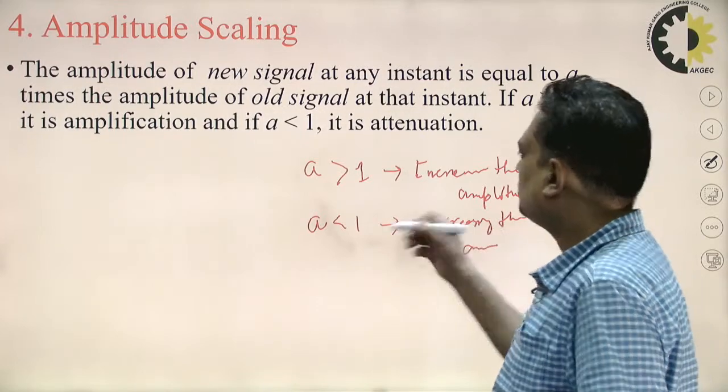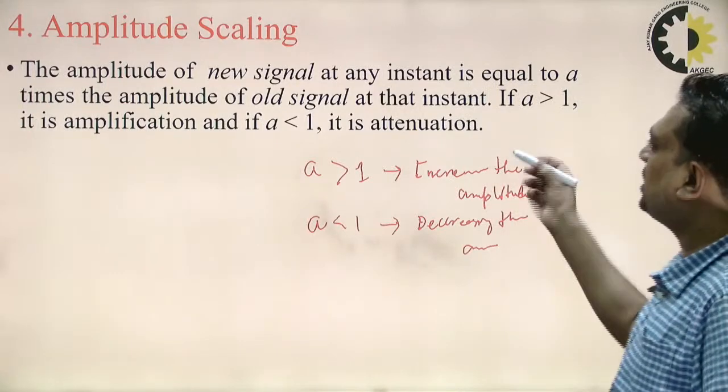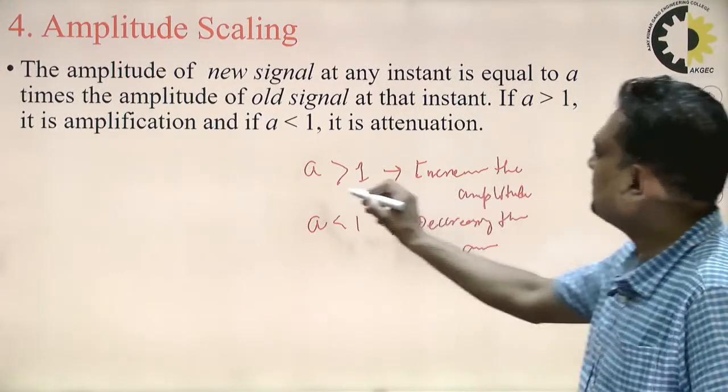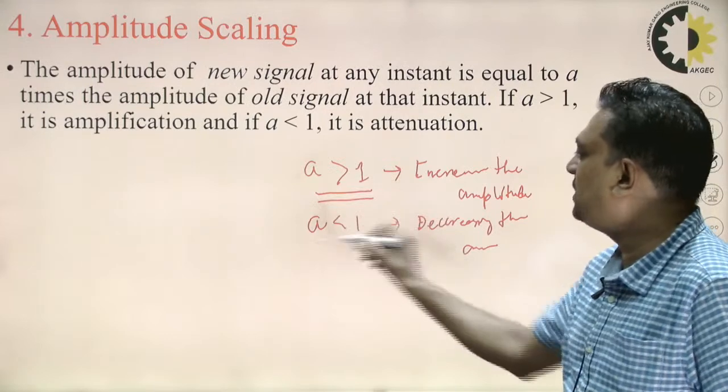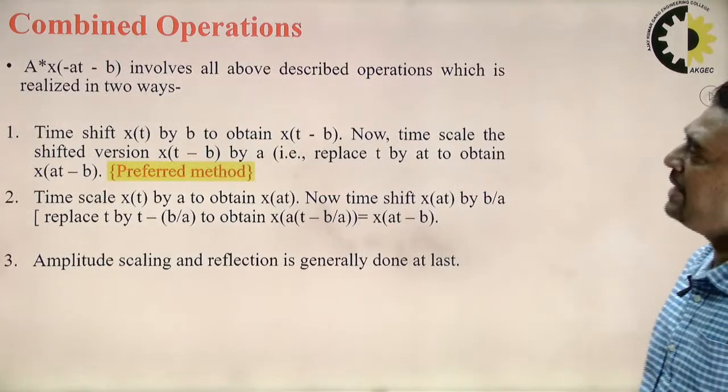So A greater than 1 leads to amplification, and A less than 1 leads to attenuation.